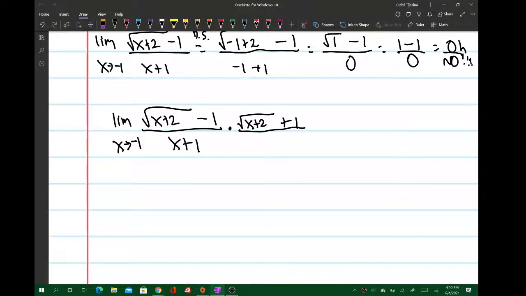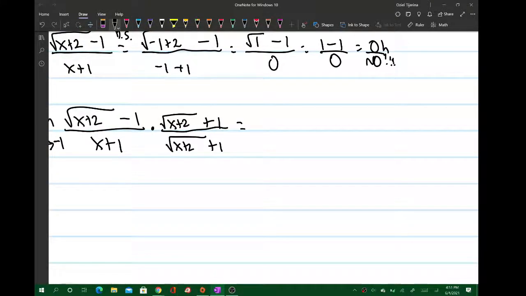And then you're going to do the same thing on the bottom, multiply times the square root of x plus 2 plus 1.